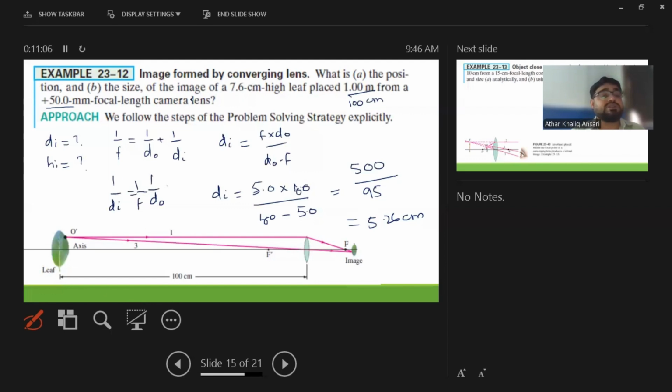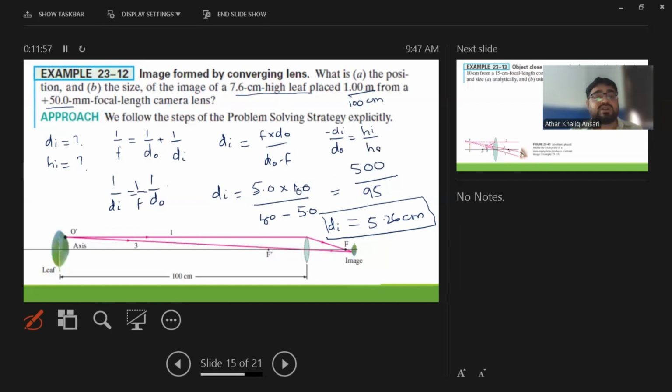Now getting back to the other point, when we are asked to find the height, we have the distance of the image, 5.26 centimeter. Here they didn't give us magnification, they gave us the size of the object. So you will use negative di over do is equal to hi over ho.